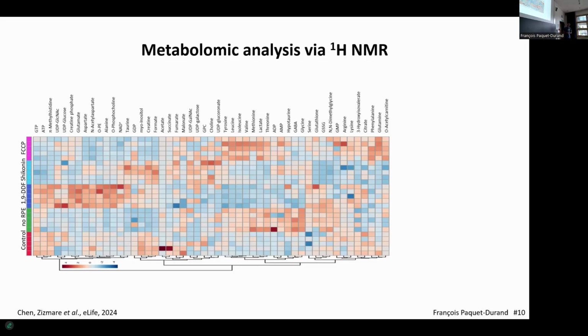Then there was some analysis done in this lab. What they produced were these colorful maps for the 5 different experimental conditions and different metabolites that were significantly changed between these 5 conditions. There's an unbiased clustering algorithm that then draws these colorful maps.